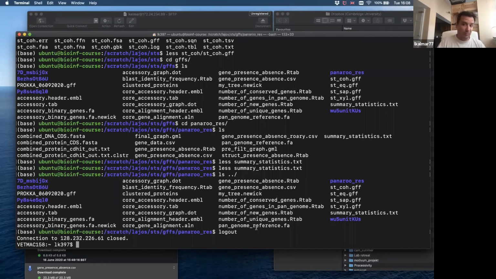But I think quite a lot of you already used iTOL extensively. Still, I think it's nice to have a look at iTOL as well.